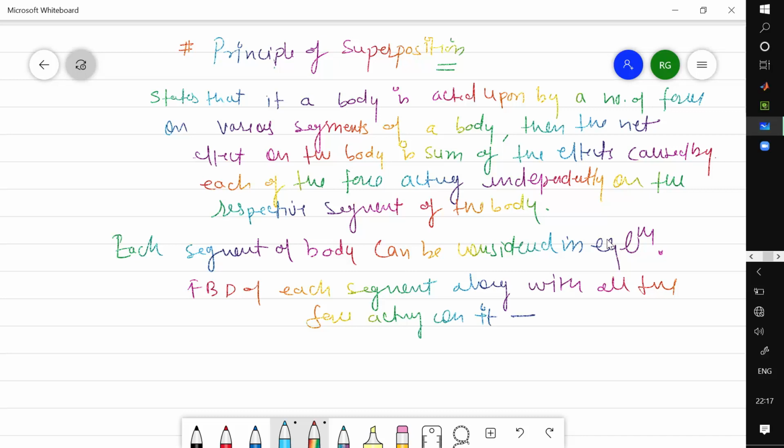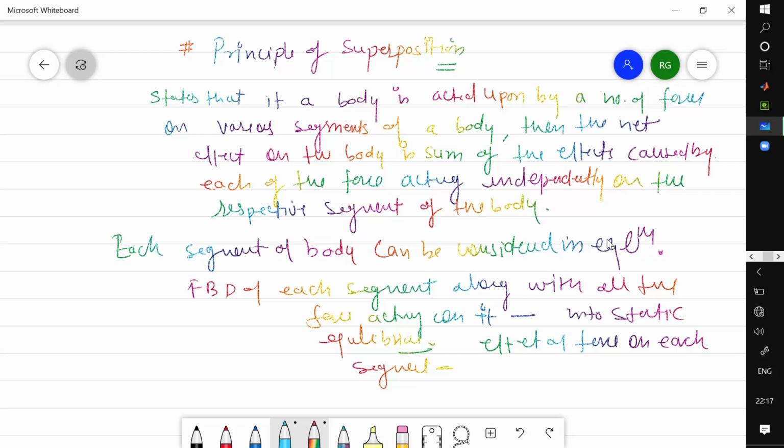Then we'll consider the segment in static equilibrium and find out the effect of force on each segment, and finally we'll add up the effects of all the segments to find the cumulative effect over that body because of all the forces.